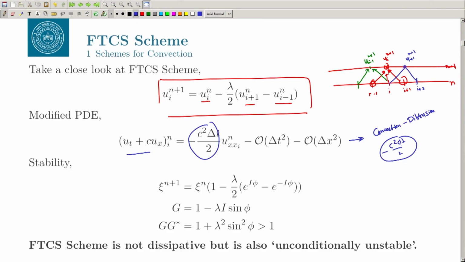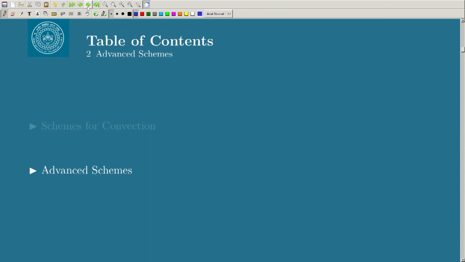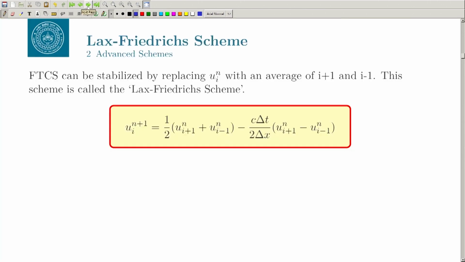We also performed the stability analysis, and we found that our amplification factor is higher than 1, and that is why it is unconditionally unstable, right.